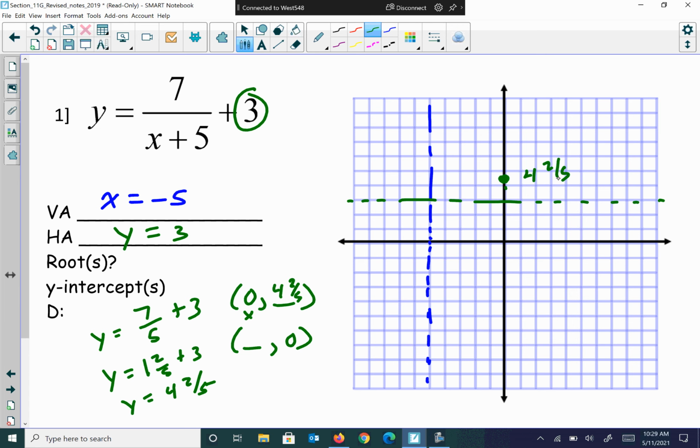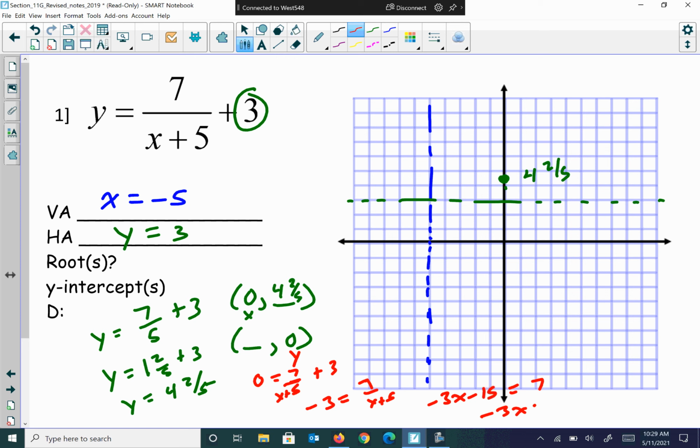And then the other one, that's a y value. So if I plug 0 in for y, I get 0 equals 7 over x plus 5 plus 3, subtract 3. Negative 3 equals 7 over x plus 5. Then I get negative 3x minus 15, because I multiply the x plus 5 to the other side and I'm distributing, equals 7.